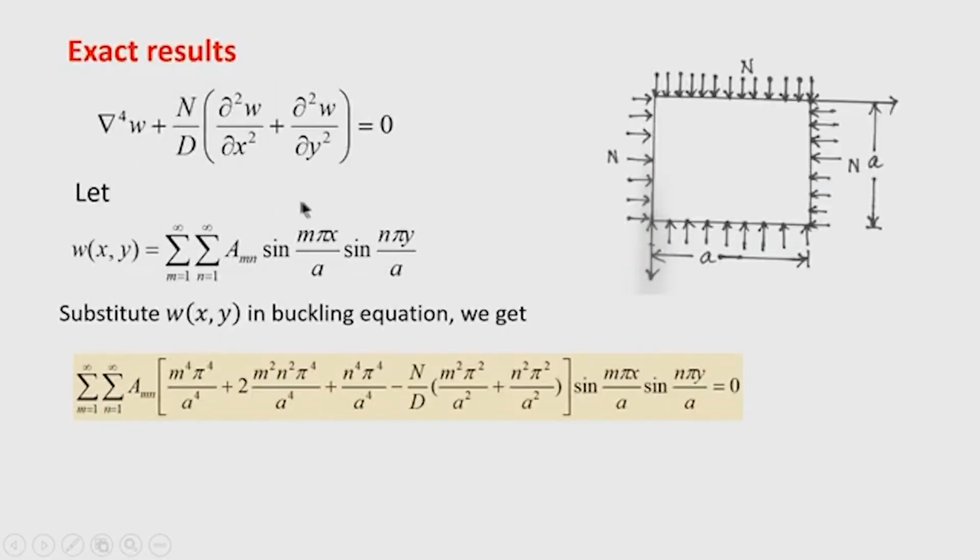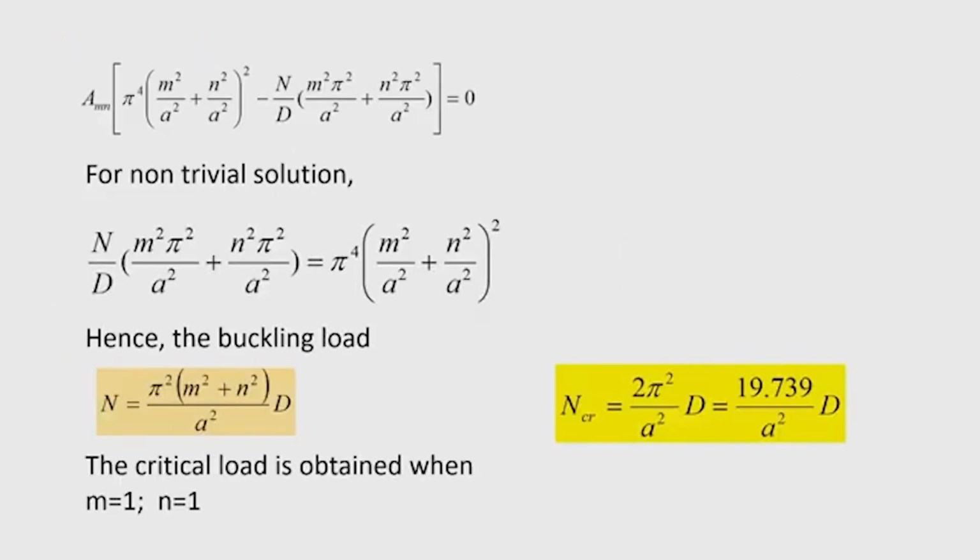So, a is equal to b in this plate, and therefore, the double summation now appears as a m n sin m pi x by a sin n pi y by a, but m and n are two different wave numbers: m represents the half wave number in the x direction, n represents the half wave number in the y direction.